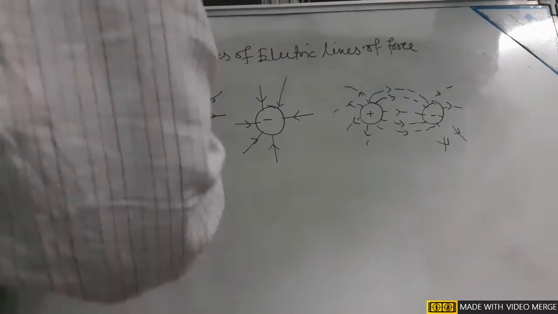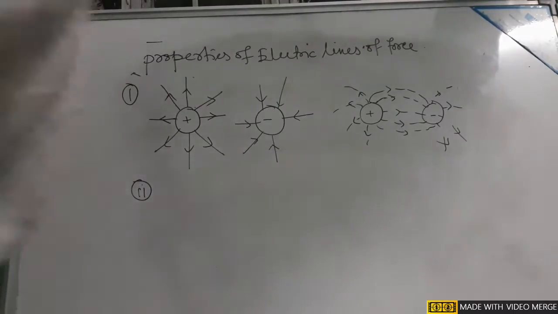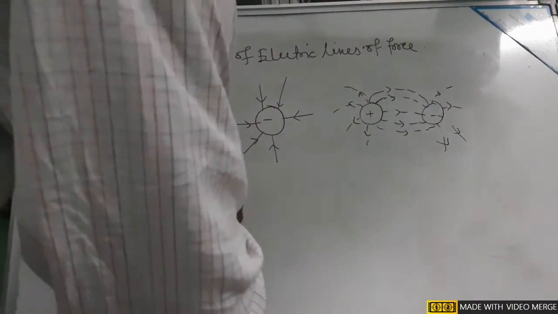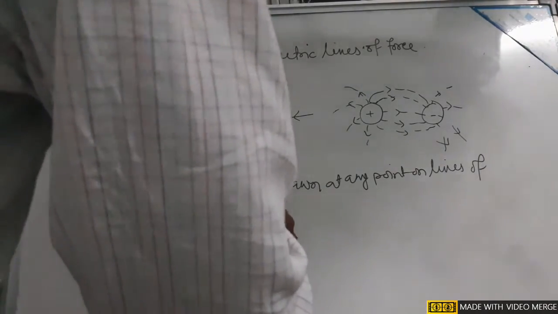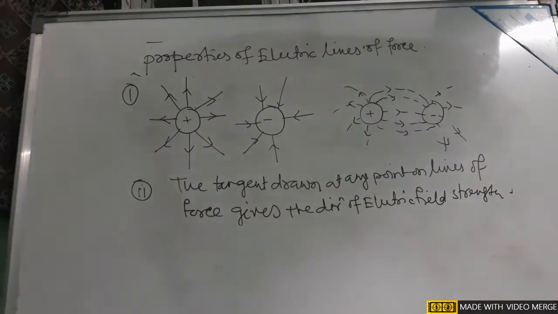Number 2: the tangent drawn at any point on the lines of force gives the direction of the electric field strength at that point.